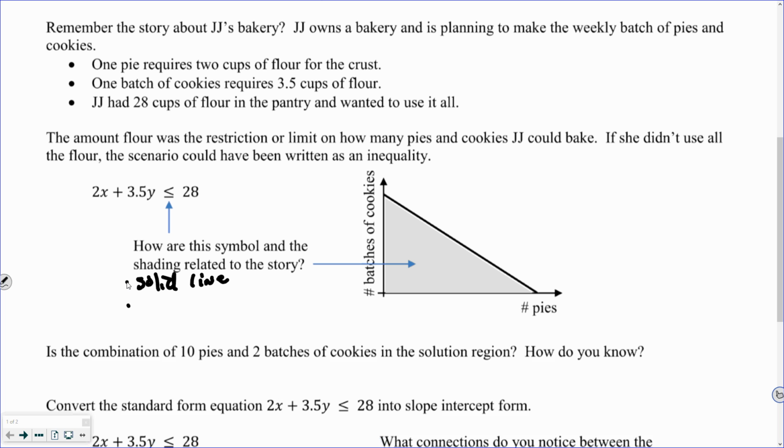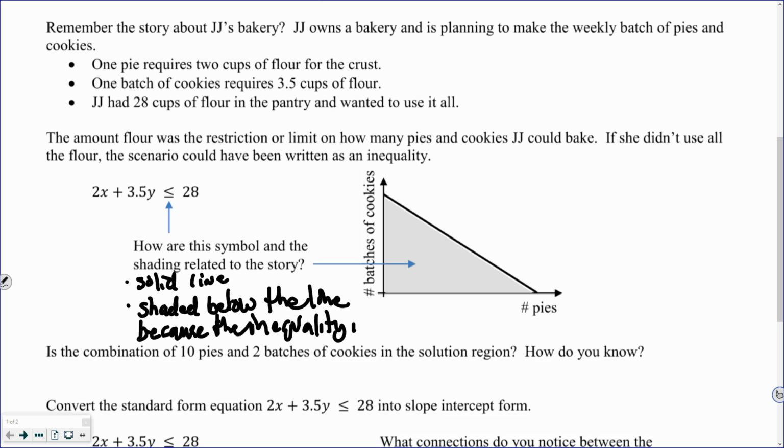And then it is shaded below the line because the inequality is less than. So again, when it's greater than, we go above the line.